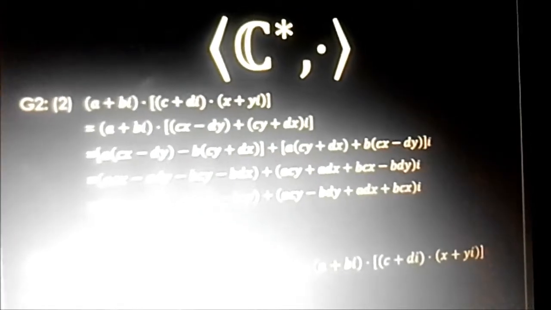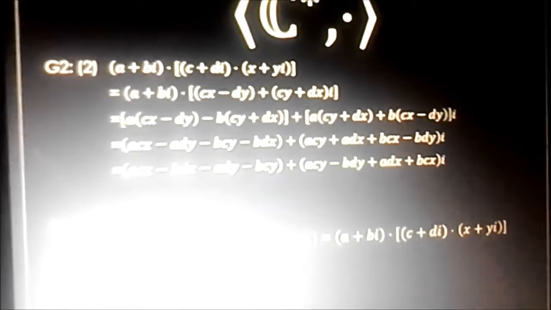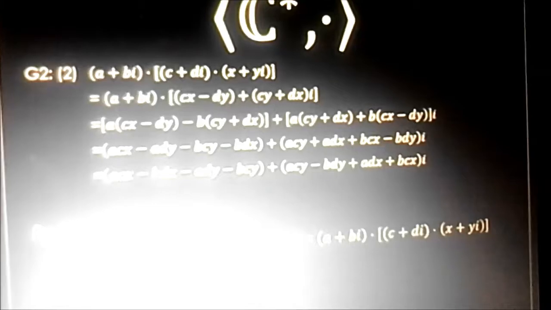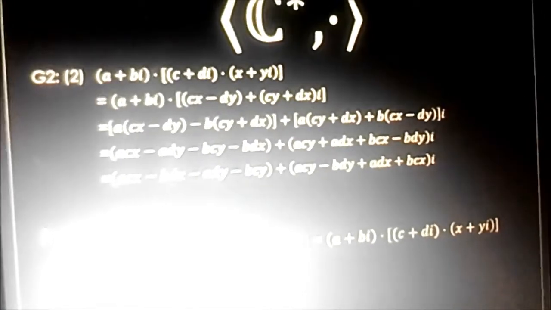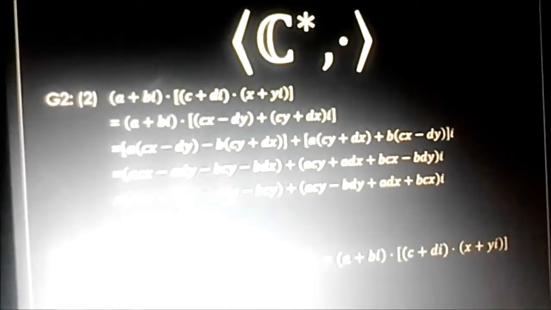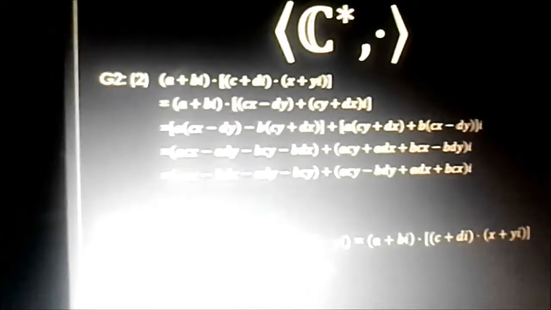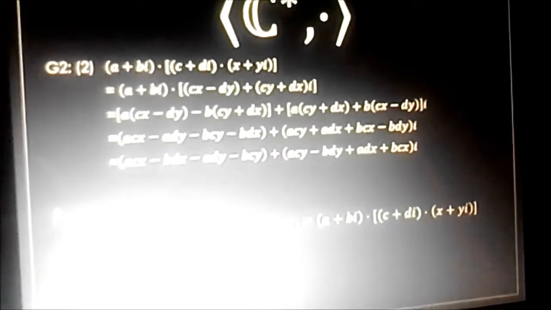So simplifying the equation, we can have a + bi distributed to the other factors. We have a multiplied by (cx − dy) and also a multiplied by (cy + dx) times i.